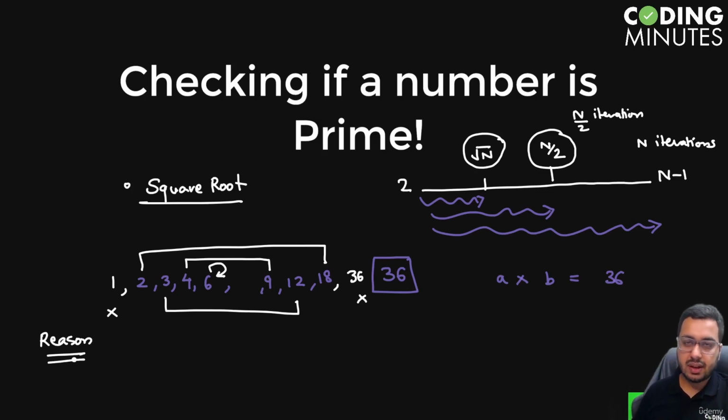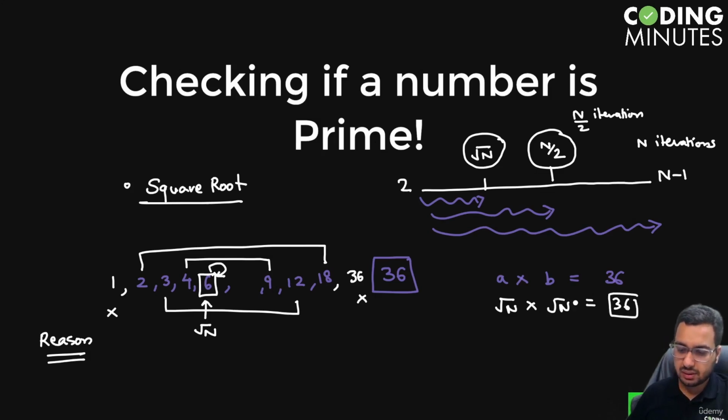If you look at the divisors of any number, let's say this number is root n. We have root n into root n, that is equal to 36. So if you try to increase the value of this number, let's say you have a divisor which is greater than root n. If there is a divisor which is greater than the value of root n, then there must be at least one divisor which is less than root n.